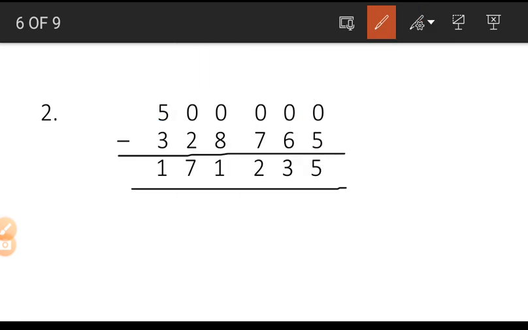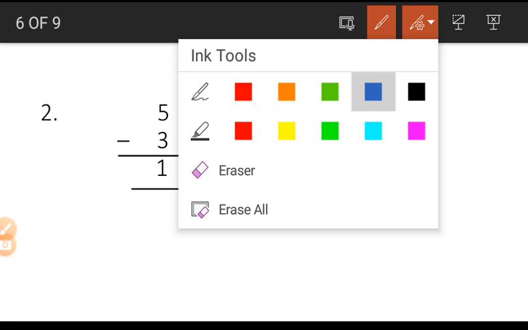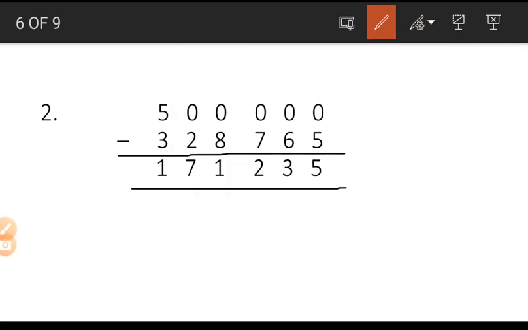Now, when we get to 5, we borrow from 5, and what we have left is just 4. Now, we must take our time to know that this 1 that we borrow from 5 will be placed in all the zeros to make it a 10.